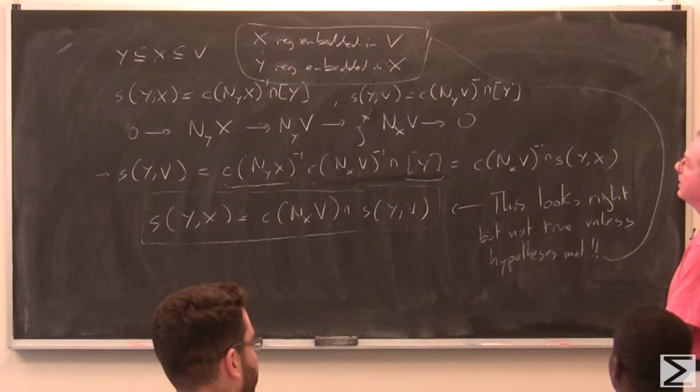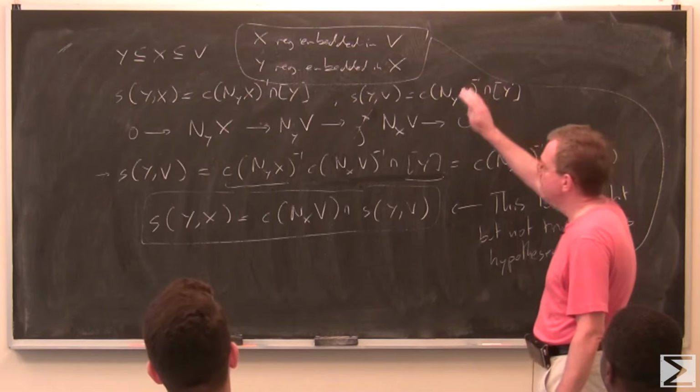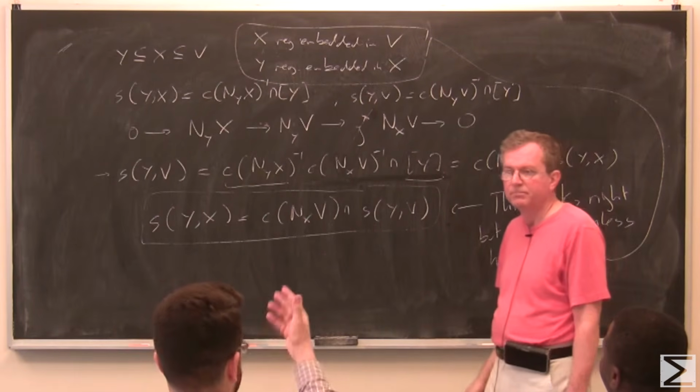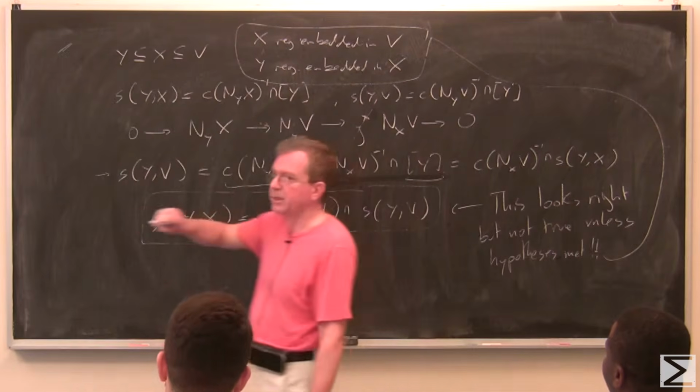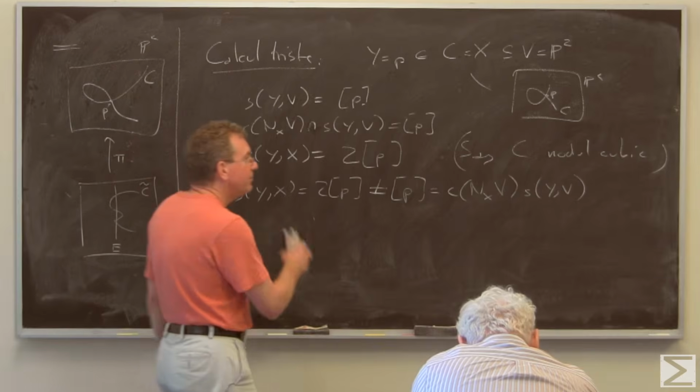They don't have to be. If they were smooth, then this would work because they would be regularly embedded automatically. But in particular, it works for singular. This will work even if they are singular, so long as you have a normal bundle, basically. Local complete intersection will be fine. But be careful, unless you have that. So that's the bad news.